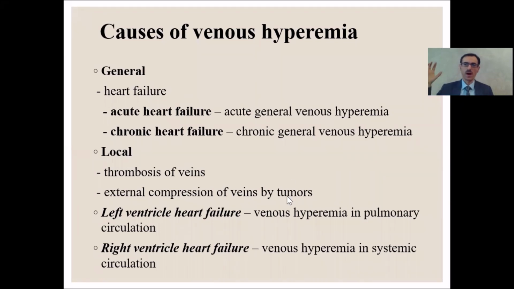One of them is pumping the blood, and another is the drainage of venous blood. In heart failure, the drainage function of the heart fails, and the organs become venous hyperemic. There are two types of general venous hyperemia, acute and chronic. Acute heart failure results in acute general venous hyperemia, and chronic heart failure in chronic general venous hyperemia.